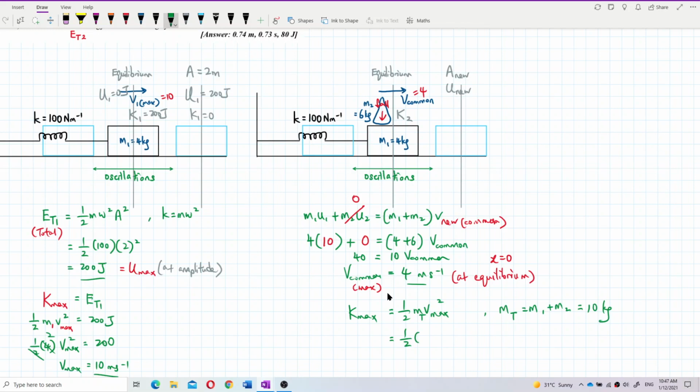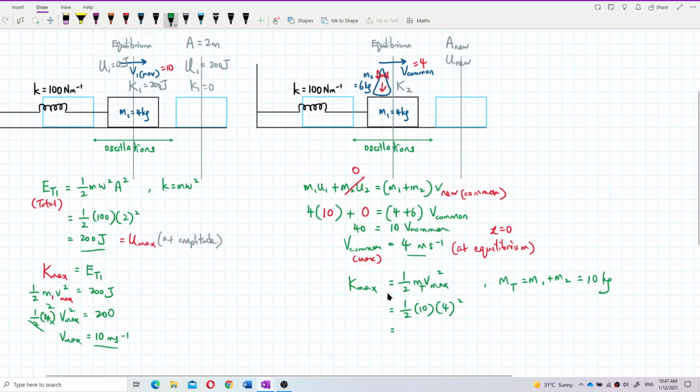And Vmax here is 4. So let's calculate: 4 squared times 10 divided by 2. I get 80. So the maximum kinetic energy here is 80 joule.